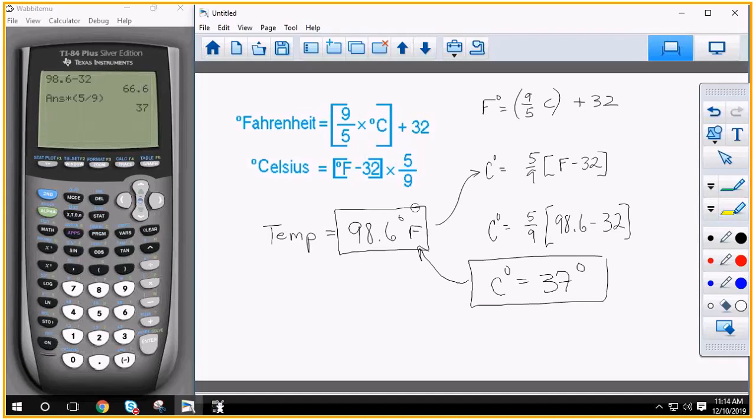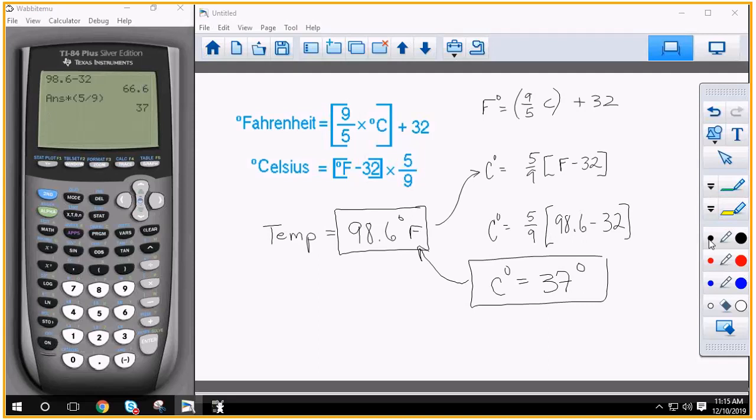So let's do a Fahrenheit from Celsius. I'm trying to think of a good temperature to use. Well, 37 is 98.